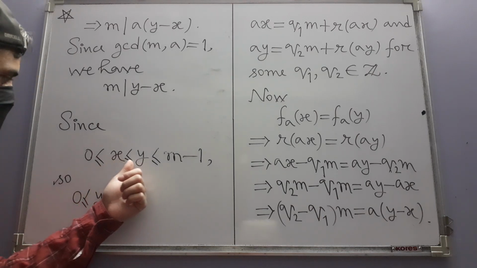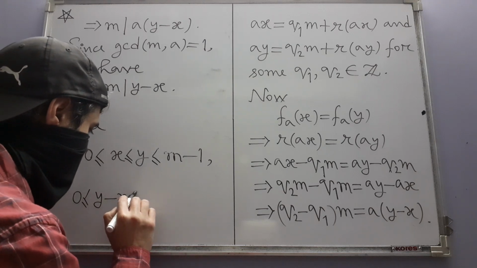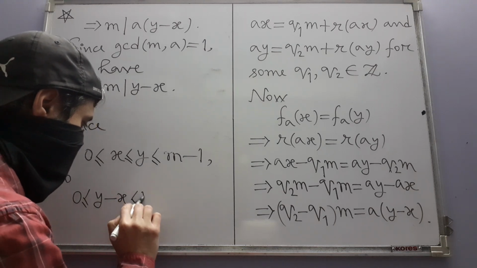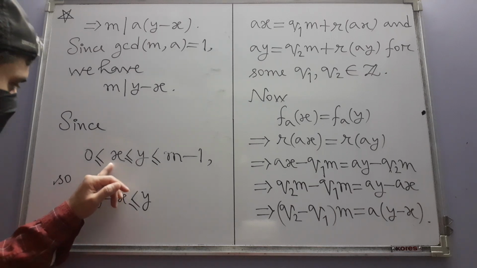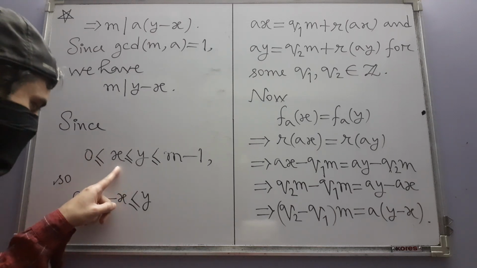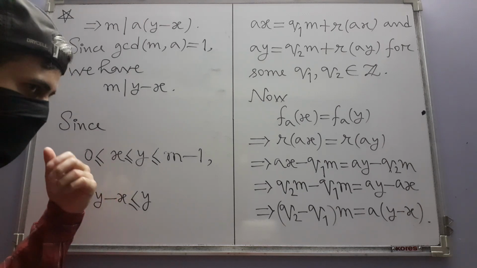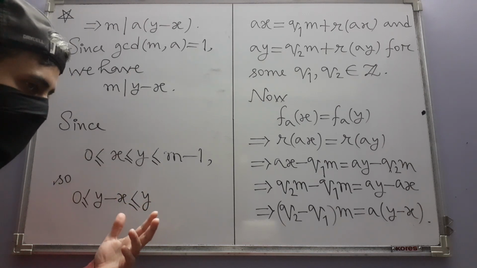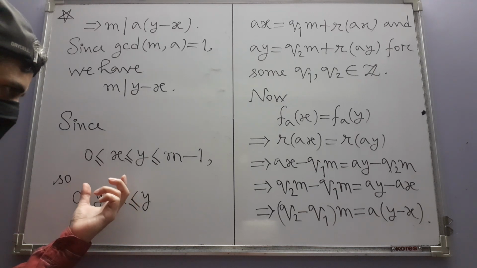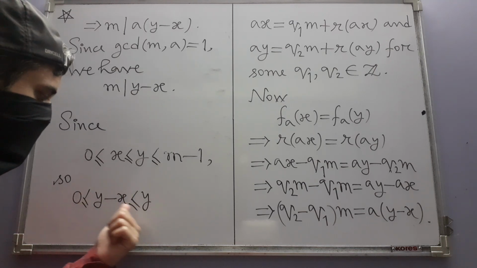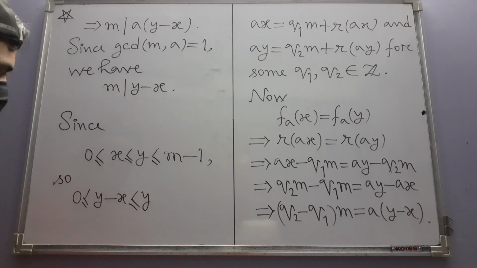Here you will get 0 and on this side you will get y minus x. But this is also less than or equal to y. Why? Because x is non-negative. If x is 0, y minus x is simply y. Otherwise x is positive, so you are subtracting something positive from y. In that case it will get reduced. So it is in general either equal to y or less than y.